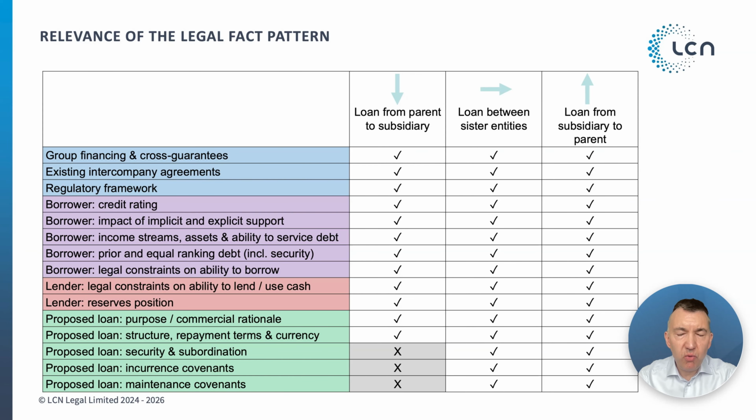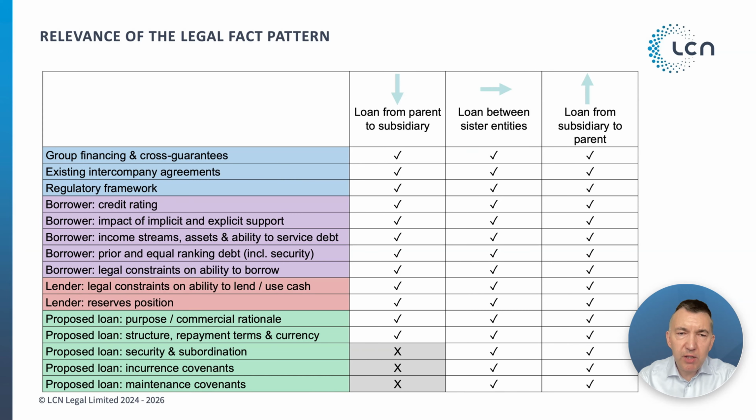Existing intercompany agreements, including existing loan agreements, are always going to be relevant because where a new structure or a variant to a structure is to be put in place, there is always the consideration, from the perspective of each participating entity, of why it would change from the current scenario to the proposed future scenario. This was not so much in play in relation to the BlackRock scenario, but it has been central to various other cases, such as the Australian case of Singtel.